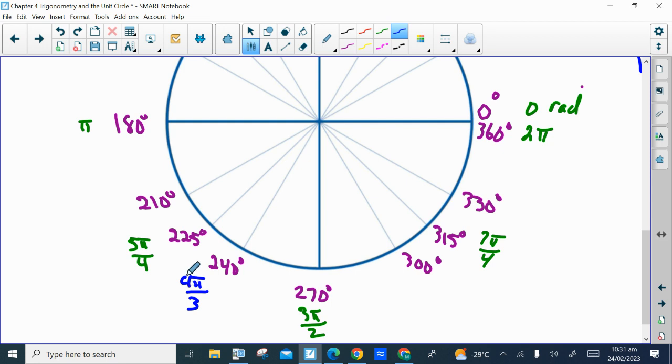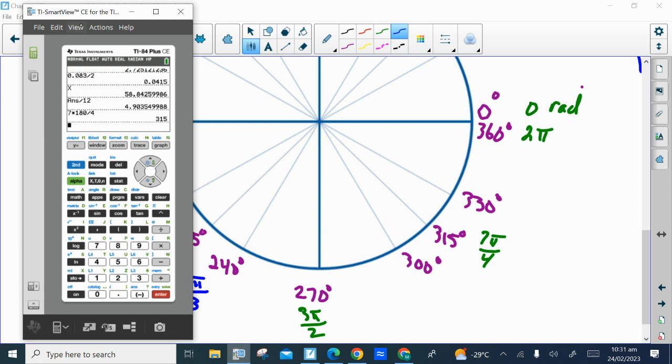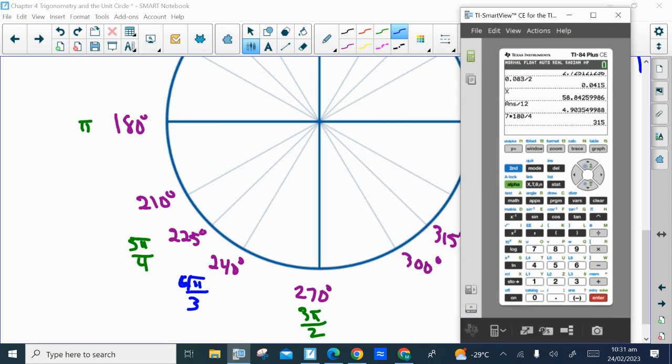And again, just to show that 4 pi on 3 is equivalent to 240, you can convert by letting pi equal 180 degrees. 4 times 180 divided by 3 gives you your 240 degrees. That shows you that 4 pi on 3 is the same as 240 degrees.